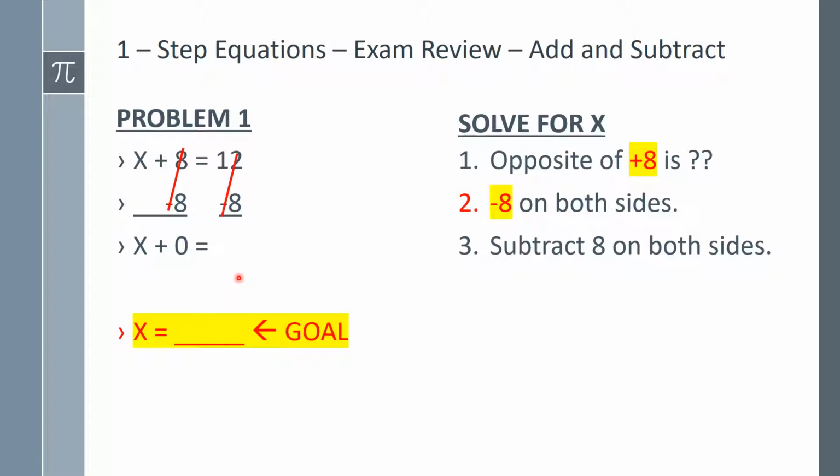So 12 minus 8 is equal to 4. Okay, so we get x plus 0 equals 4, but anything plus 0 is just itself. So x plus 0 in the next step, we simplify down to just plain old x, and that 4 stays on the right side. So this is our solution. X is equal to 4. Remember, when you're doing these problems, you should check your work to make sure you did it correctly.